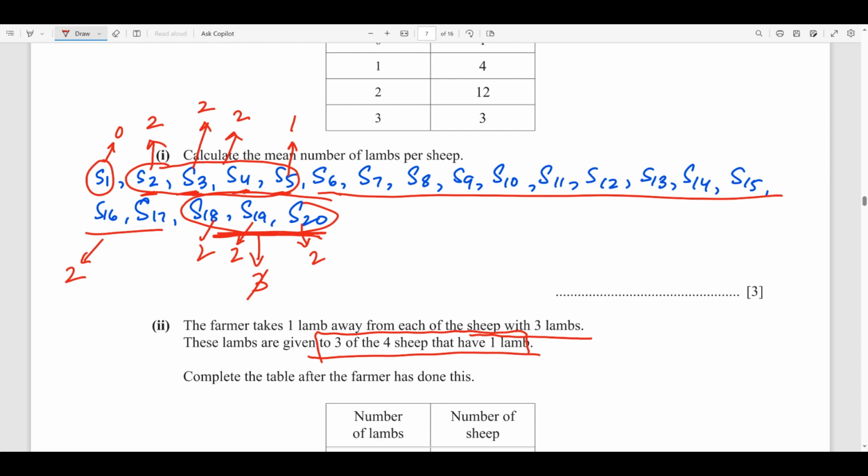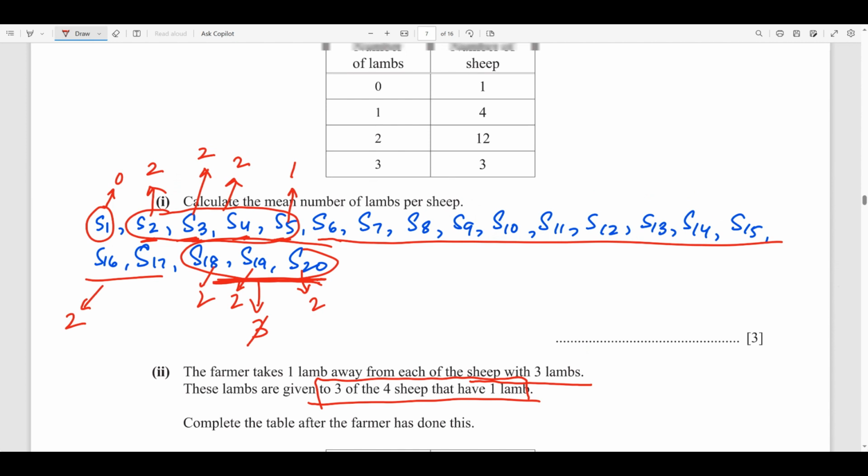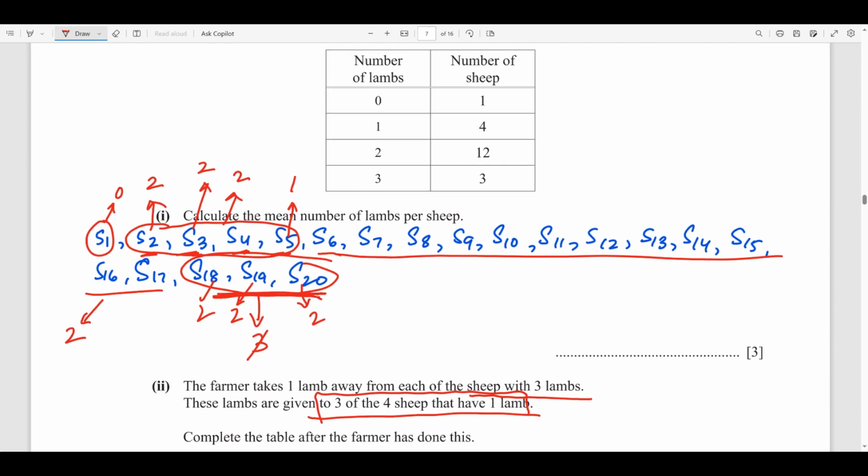So now let's count how many sheep there are with each number of lambs. Again, there's only one sheep with zero lambs, so one is okay. Now we notice that there are no sheep with three lambs, so this will convert to 0. Now how many sheep are with one lamb? Previously it had 4, but now these 3 have got one extra, so there's only one sheep left with one lamb.